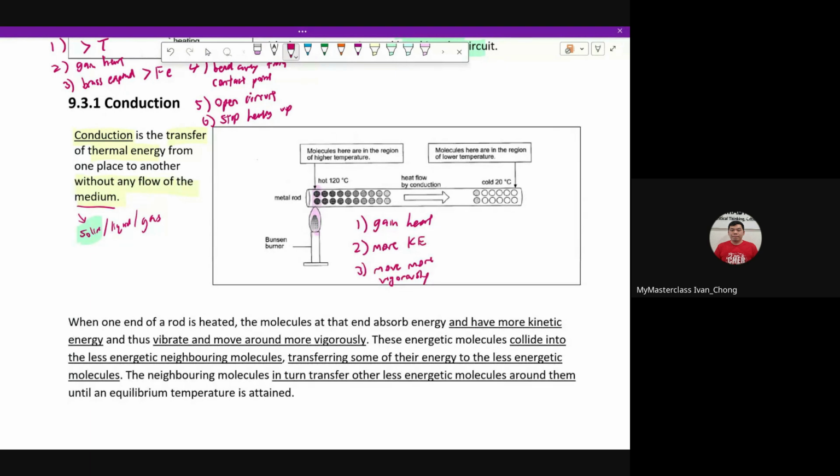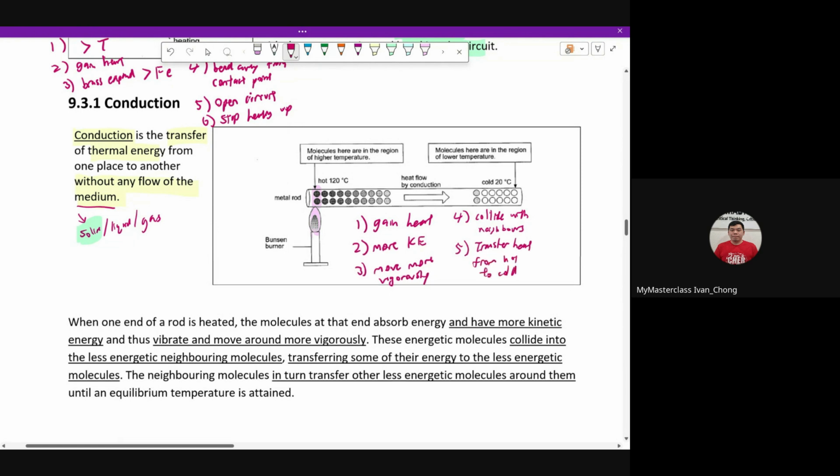When you move more vigorously, you will collide with neighbors. When you bump into them, you will actually transfer heat from hot to cold.